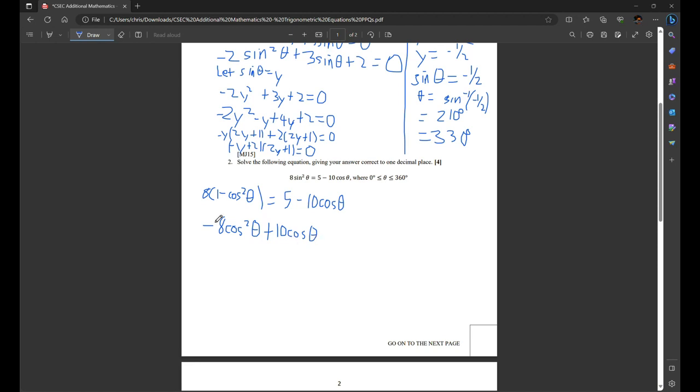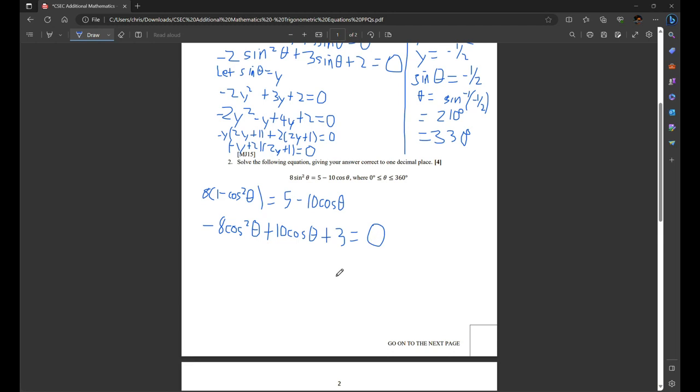Eight times 1 is 8. 8 minus 5 is positive 3. So this is what our equation would look like when we finish transposing everything. Let's just make sure. So yep, negative 8 cos squared theta plus 8 minus 5 is positive 3. Minus 10 goes to positive 10, and that is indeed our equation.